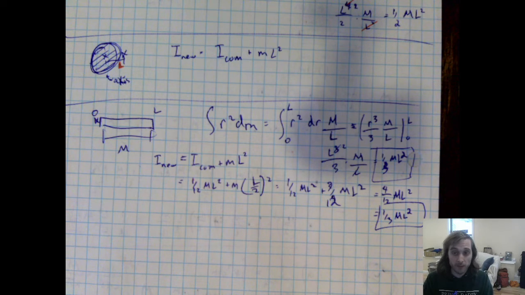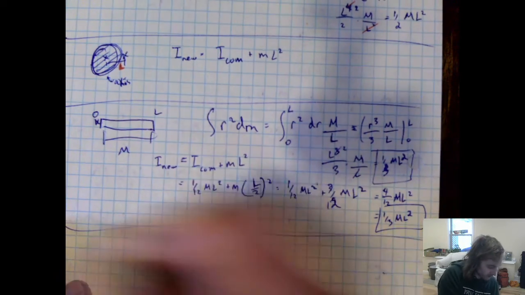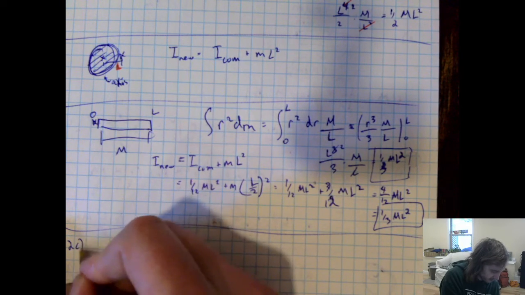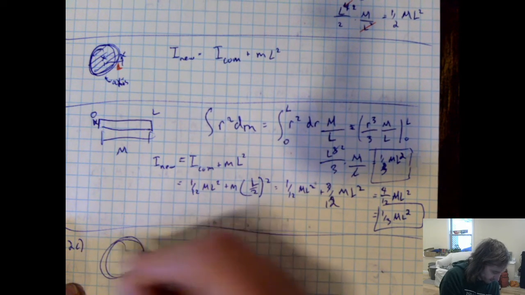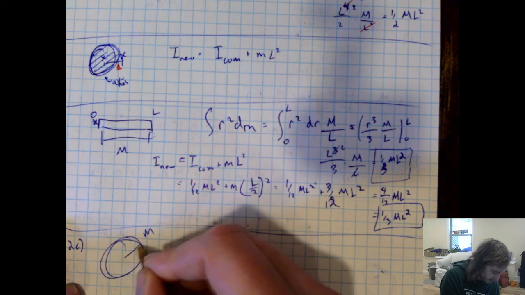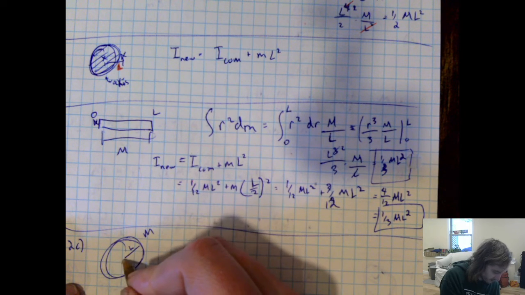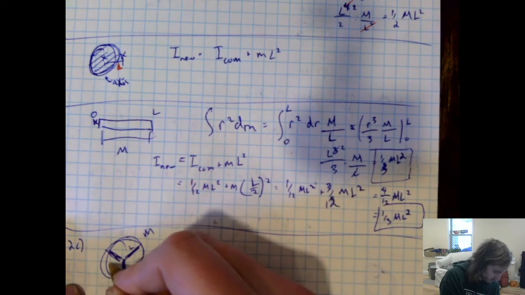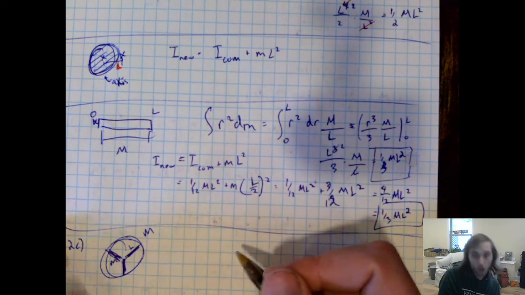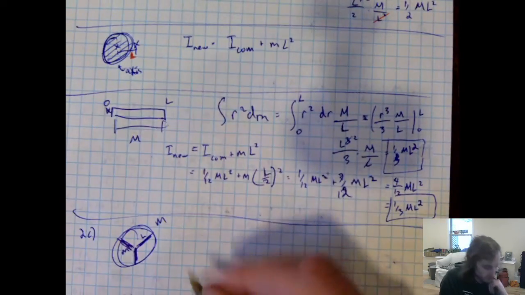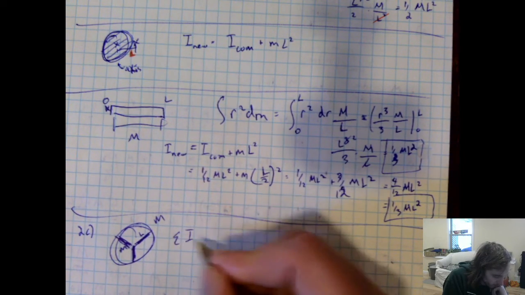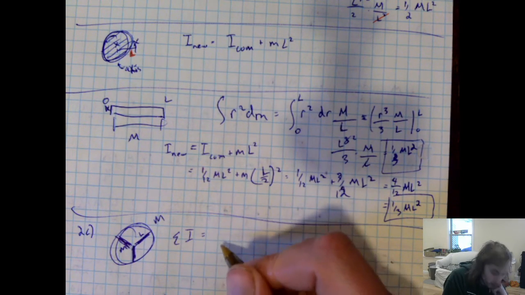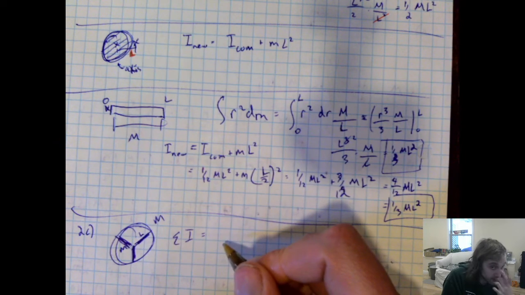Taking that 1/3 ml squared, we can go ahead and do part C of number 2, which is that if we've got this hoop with a mass of m and a radius of L, and then we've got these 3 rods that are functioning as our spokes, each of which also have a mass of m, all we have to do to find the moment of inertia of the whole thing, so the total moment of inertia, is take all our individual moments of inertia and add them together.